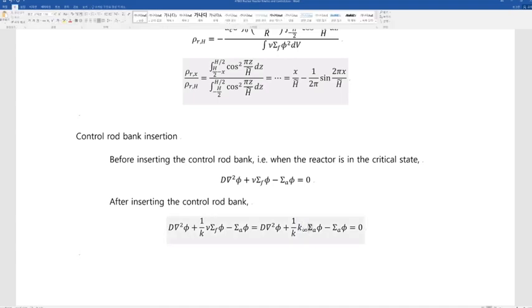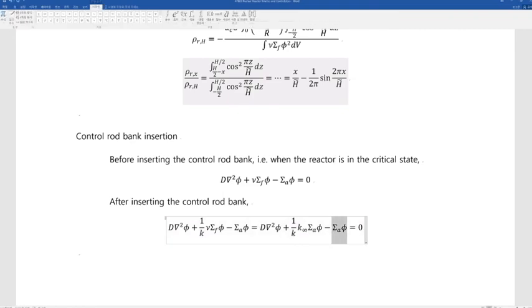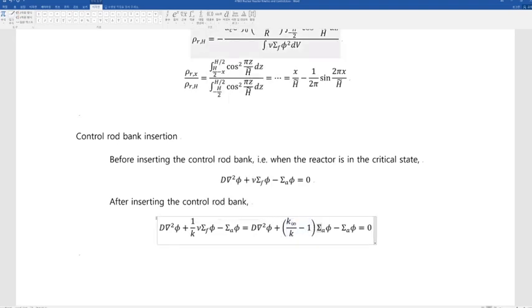And we have sigma a phi and sigma a phi, so I'm going to place k infinity in the numerator here. And now we have k infinity sigma a phi minus sigma a phi, so that is going to be k infinity minus 1 times sigma a phi equals 0.